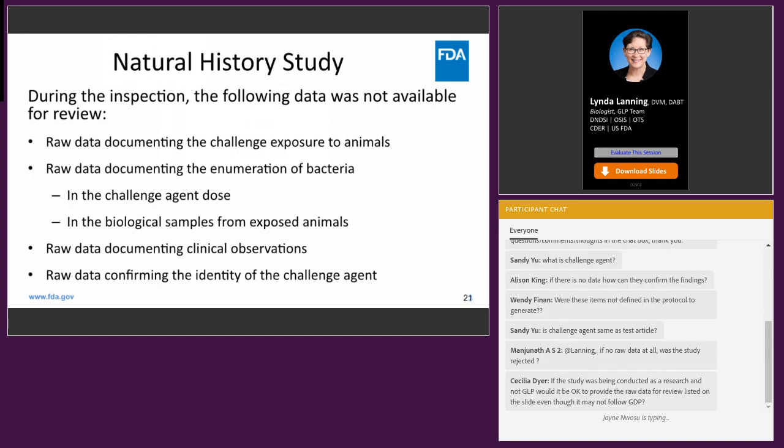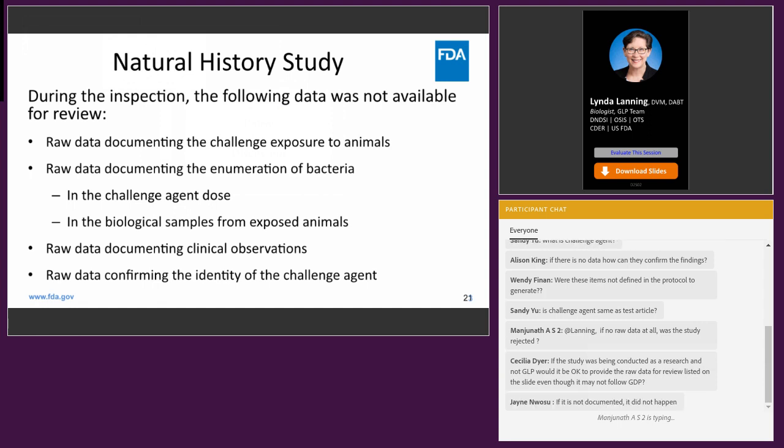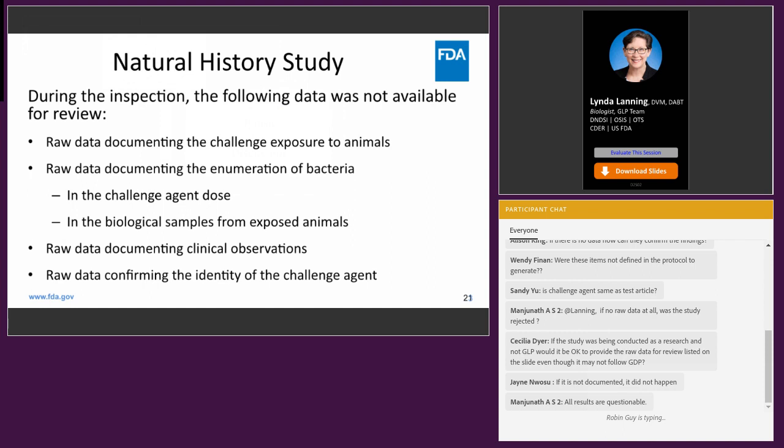And also, does it affect the data quality and or integrity of the study? Remember, that's what the compliance program has as one of its goals, to examine the study and records and assess whether there are any data quality or data integrity issues in those areas.